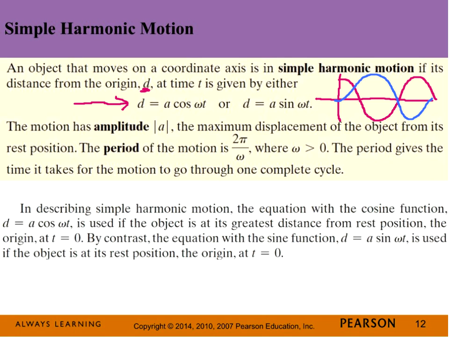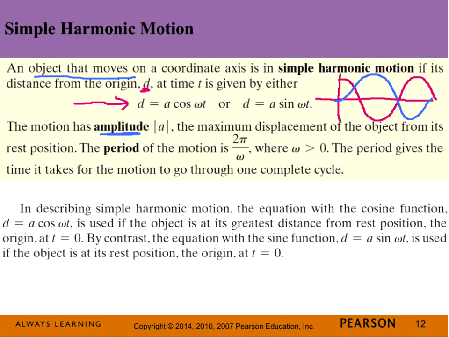So what this definition is saying is that any movement of an object that follows one of these functions is considered to have simple harmonic motion. The motion has amplitude, so we've already encountered that word, and the description here is the maximum displacement of the object from its rest position.